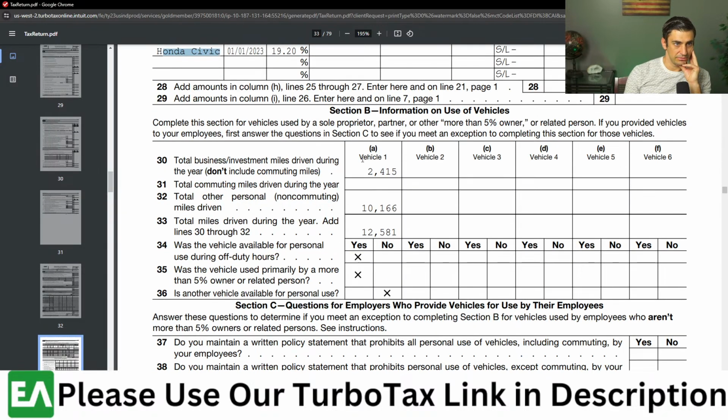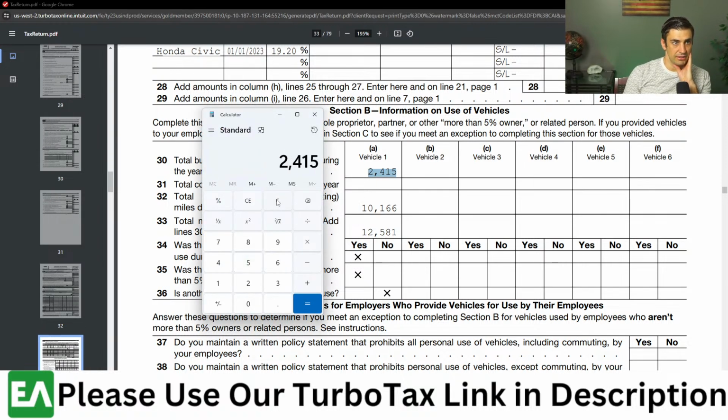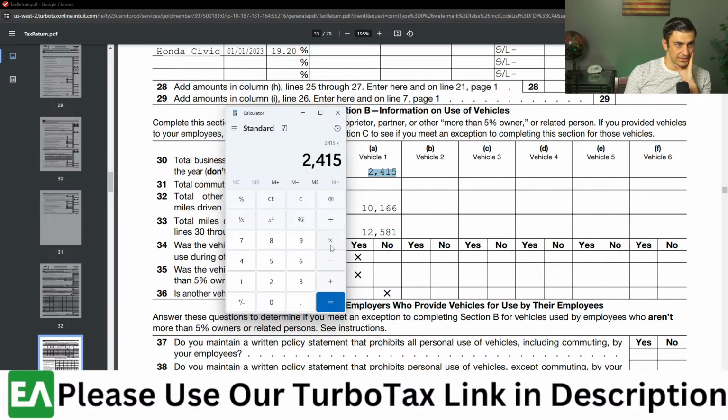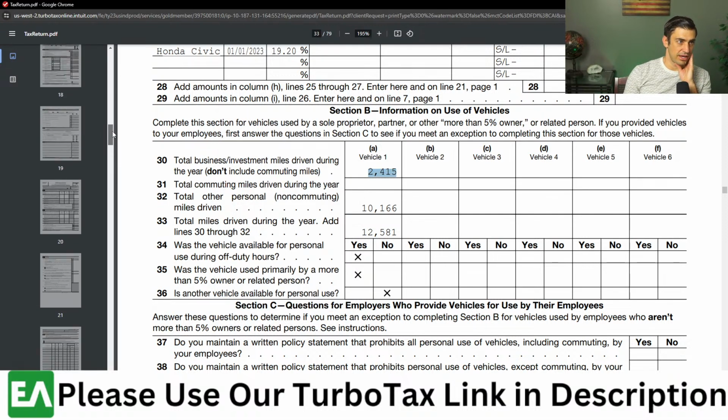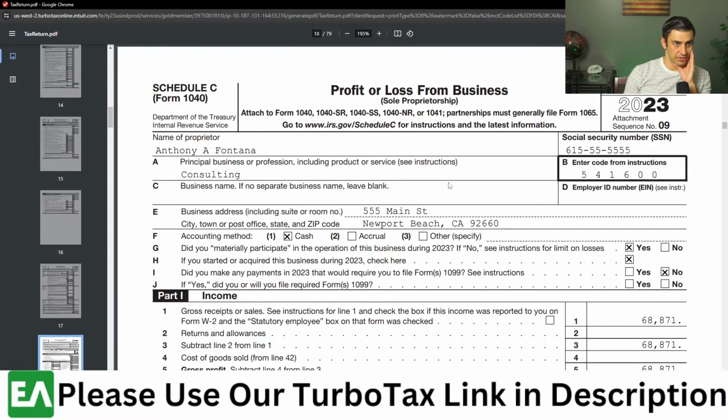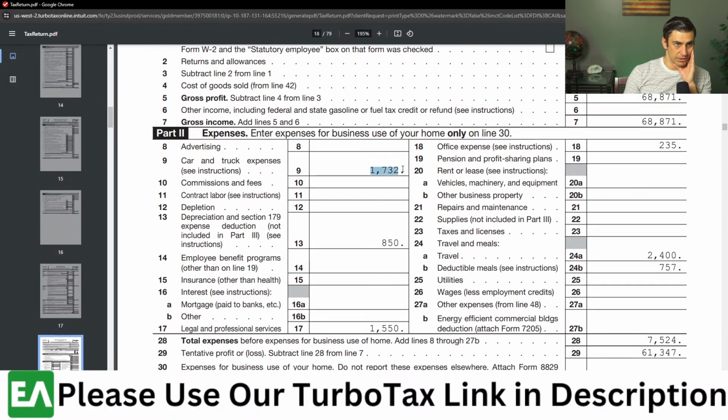Look at that. 2415 is how many miles, at 65 cents. 2415 times 0.65, that should be it. Oh, no, they're also adding the parking on there. That's what's going into here.